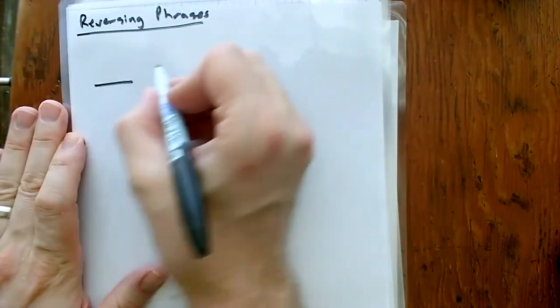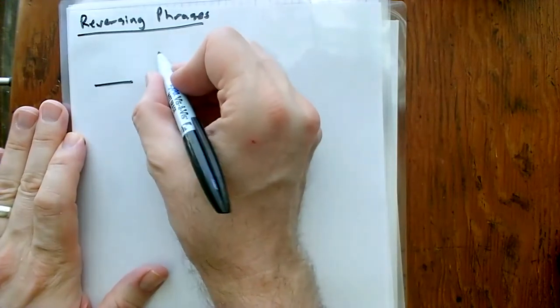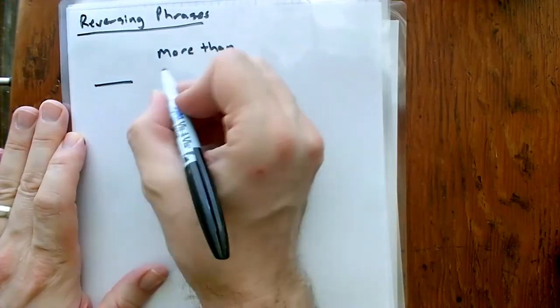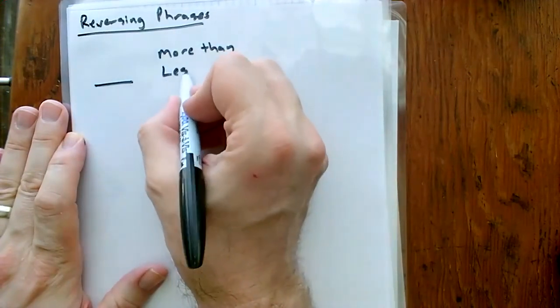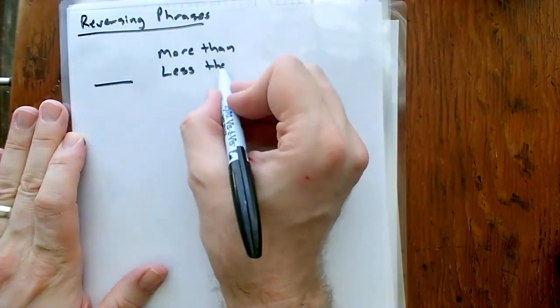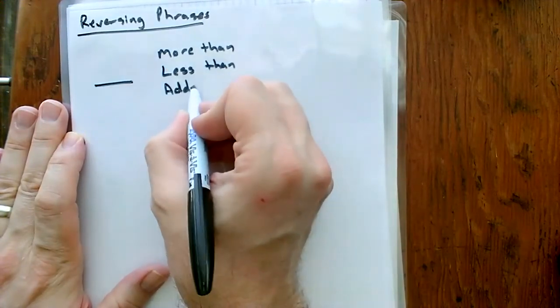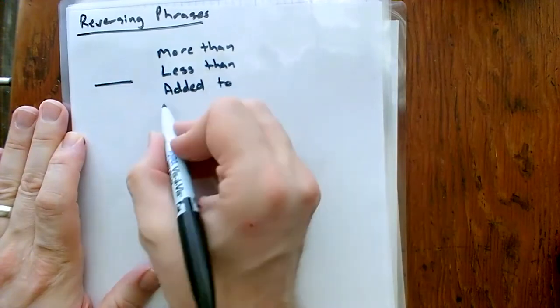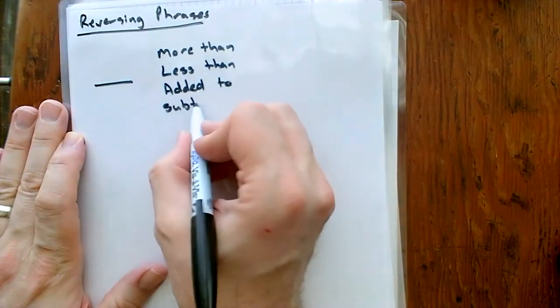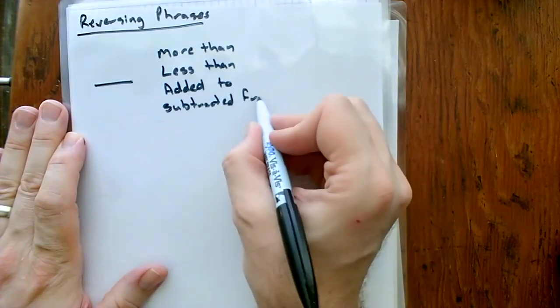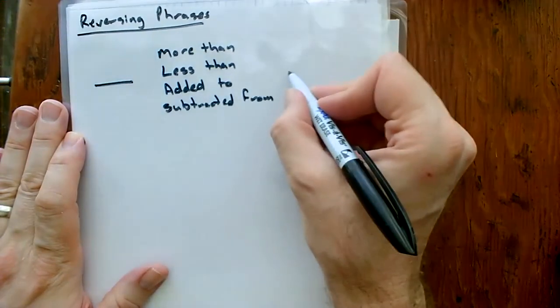So what you're going to have is a blank, and you might have something like more than, or less than, or added to, or subtracted from another thing.